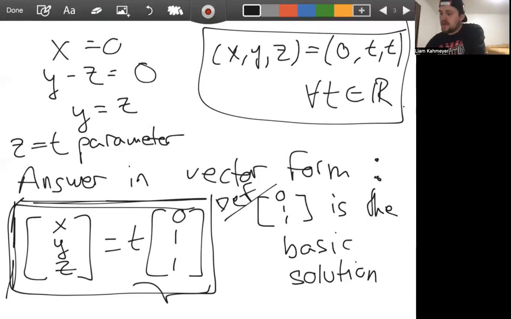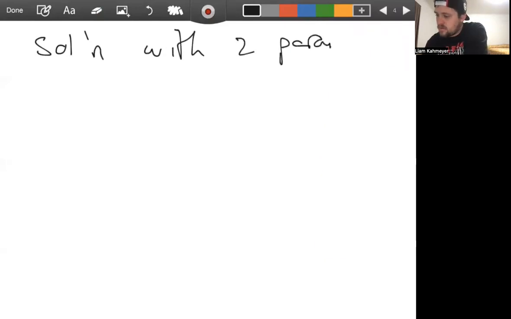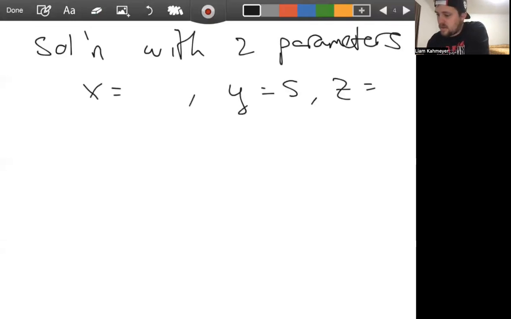And if you were to have something like, let's say we had a solution, just for an example, with 2 parameters. So maybe we had 2 free variables, right? Say we had x equals something, and then y equals s, and z equals t, or something like this.